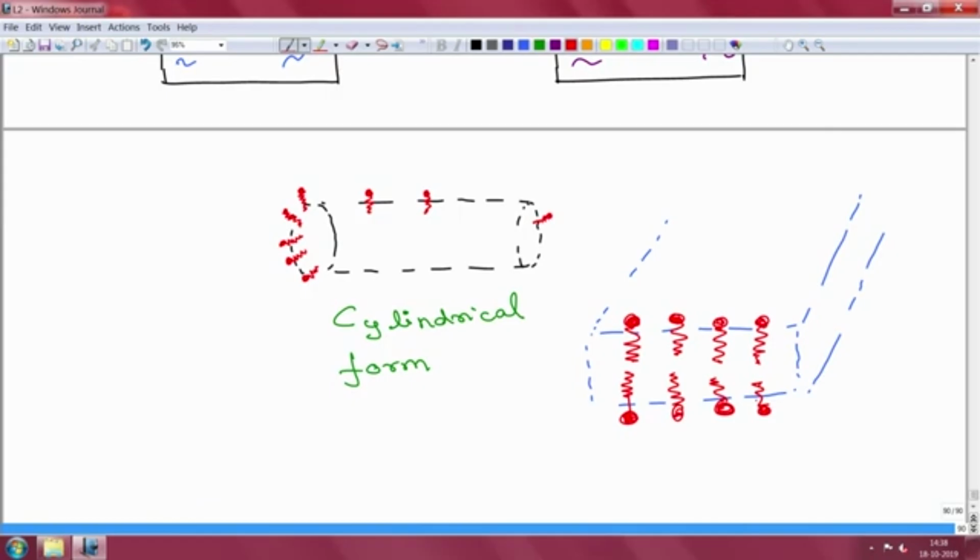Obviously, I am not drawing the other positions, but this entire thing can become a very, very large lamina.